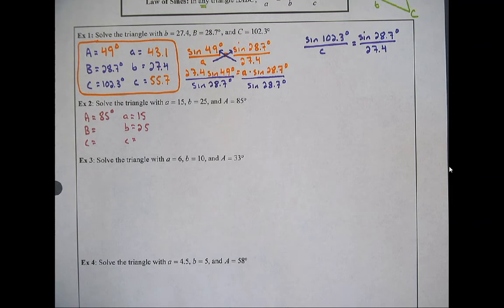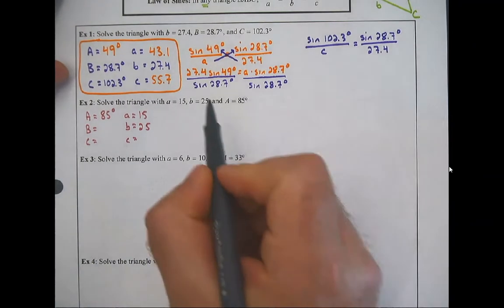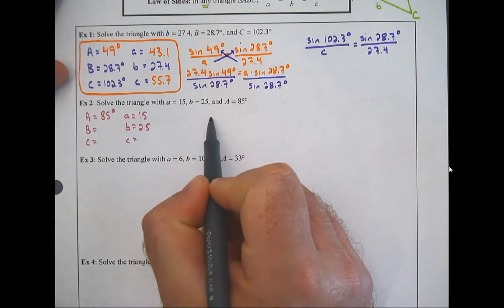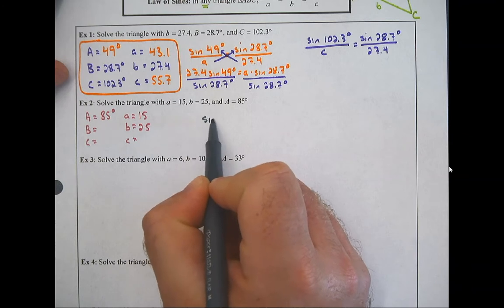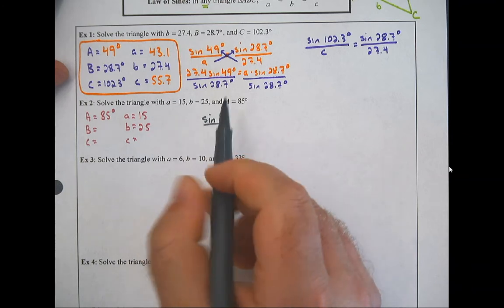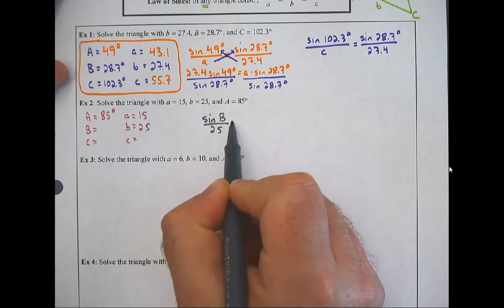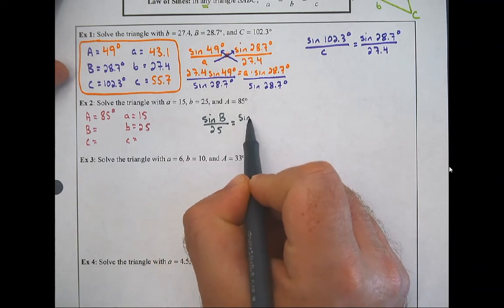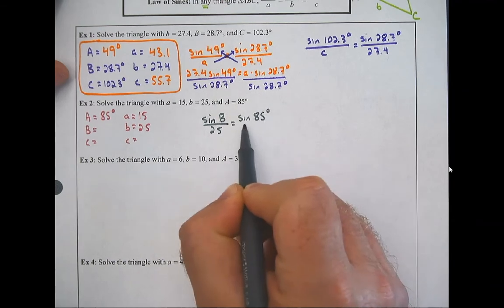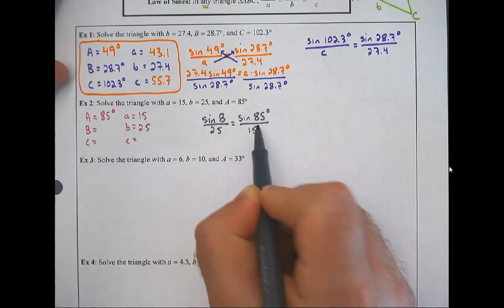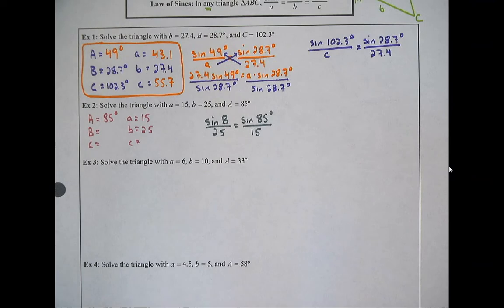So I'm going to go after big B. That would be the sine of big B over little b equals sine of 85 degrees over 15. So we've got to solve this again. Who's farthest away from big B?